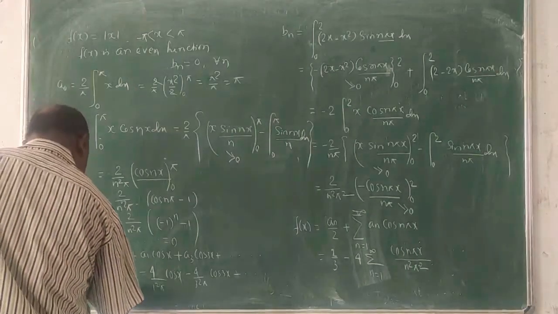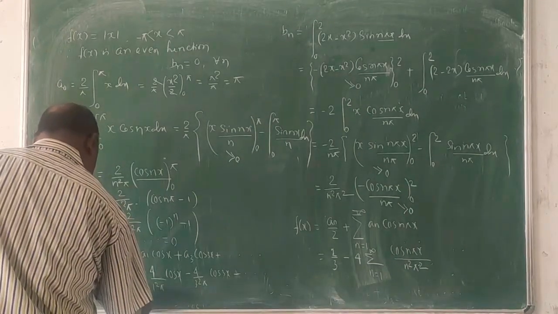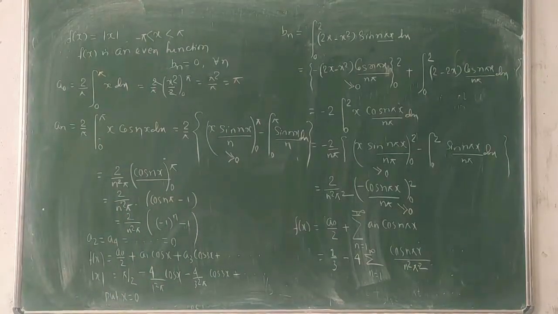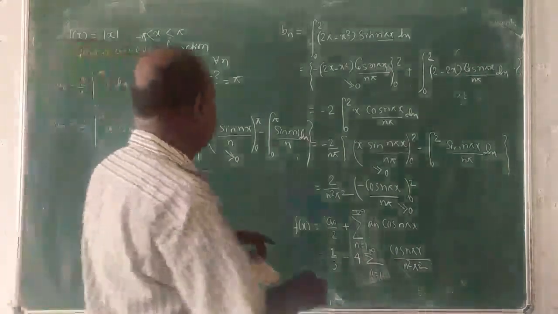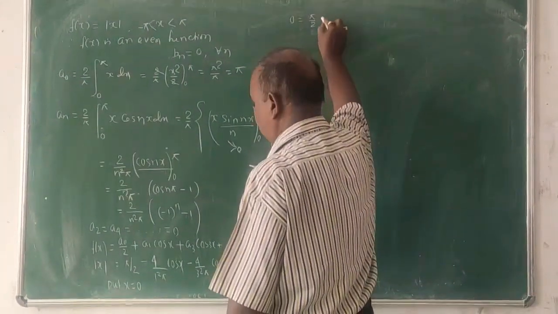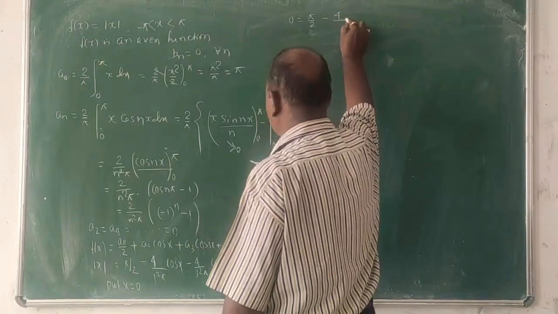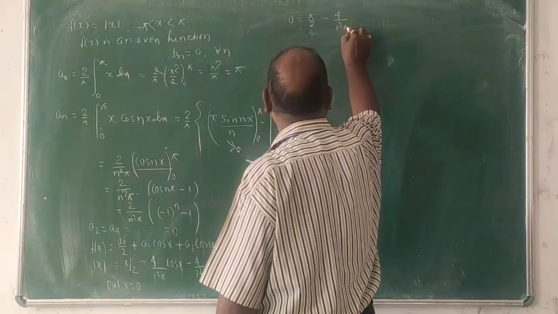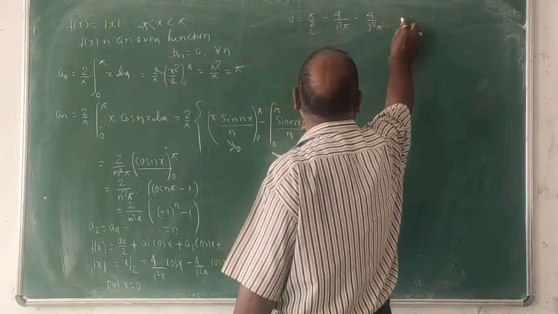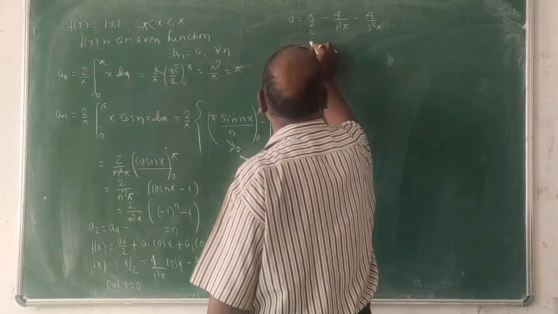Substituting x equal to 0 on both sides, the left hand side is 0. So 0 equals pi by 2 minus 4 by 1 square pi minus 4 by 9 pi, and this will continue.